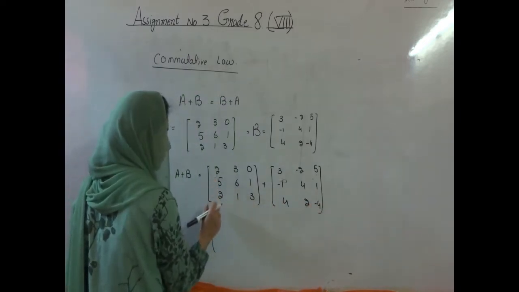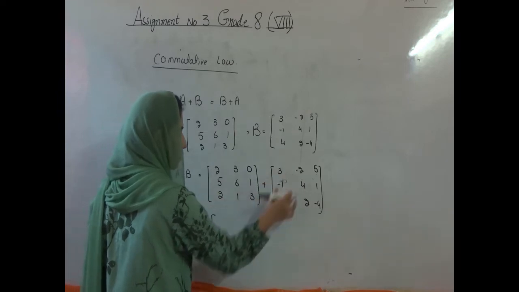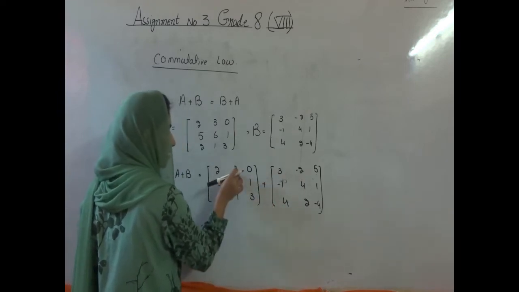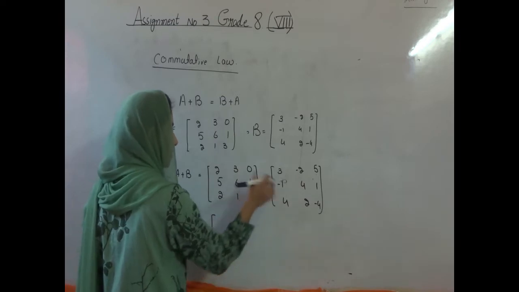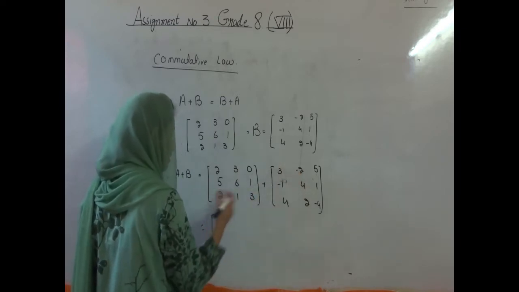The first element of the first matrix will add to the first element of the second matrix, and the second element of the first matrix will add to the second element of the second matrix, and so on.